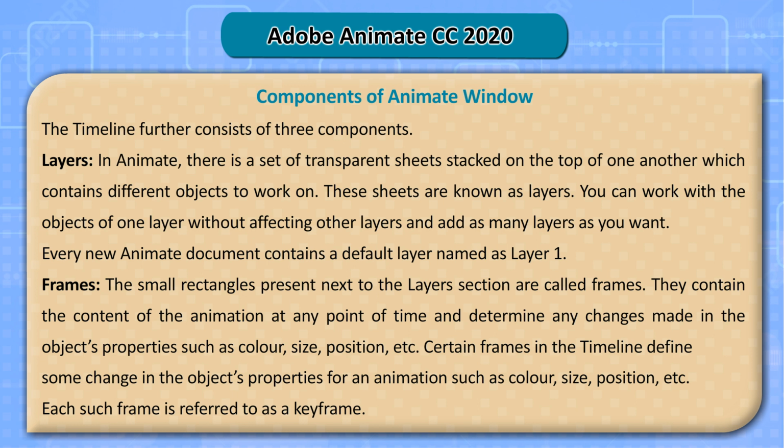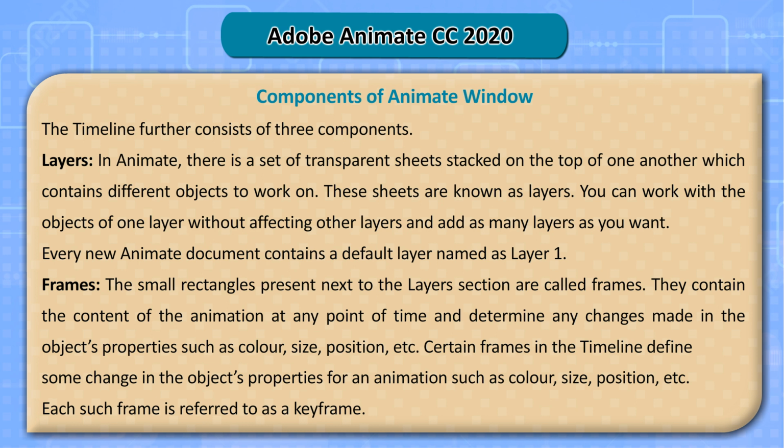Layers. In Animate, there is a set of transparent sheets stacked on top of one another which contain different objects to work on. These sheets are known as layers. You can work with the objects of one layer without affecting other layers and add as many layers as you want. Every new Animate document contains a default layer named Layer 1.